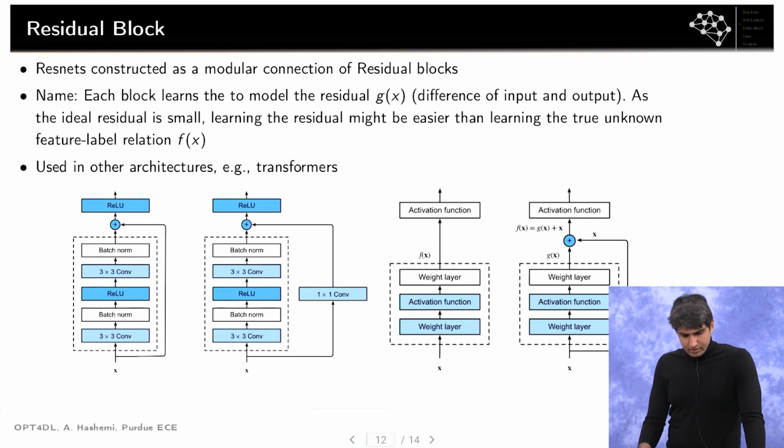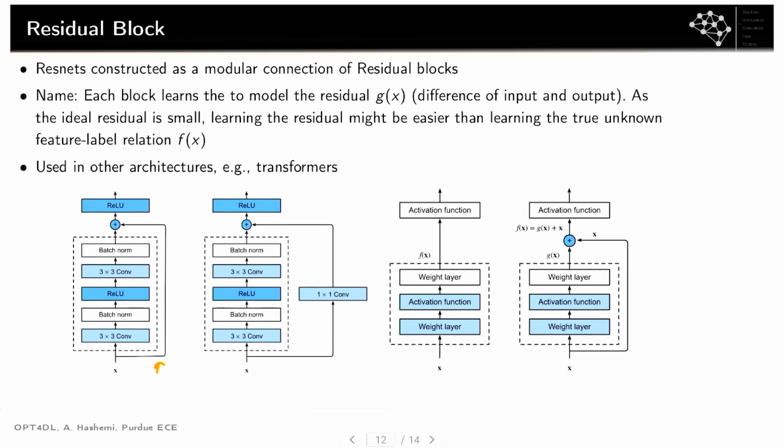So the ResNet architecture is basically constructed as a modular connection of residual blocks. Here I'm showing the residual connection. These are the skip connections or the residual connections, and each of these is basically one residual block. On the left-hand side, I'm showing two versions of a residual block.